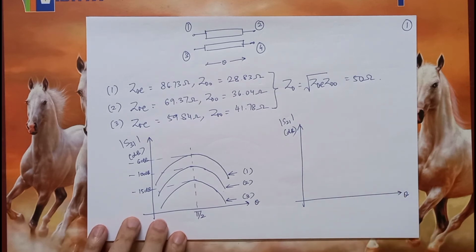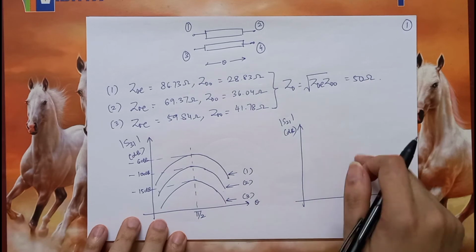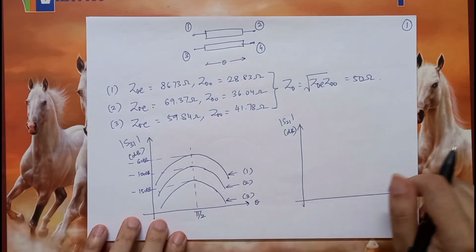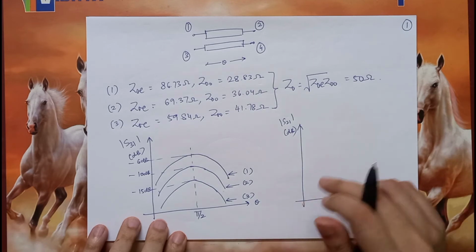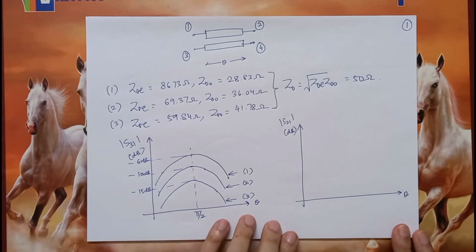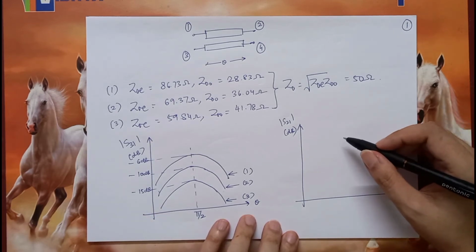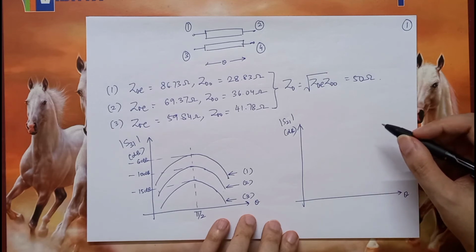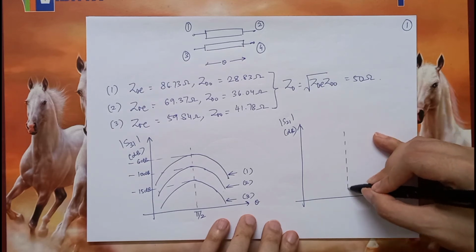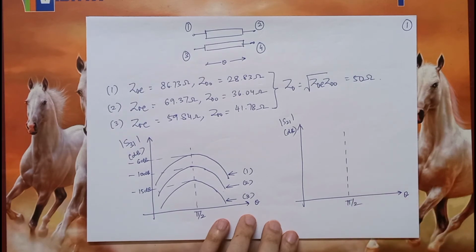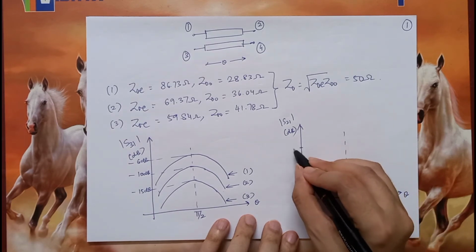Likewise, as an extension of this, we can try to plot S21 also in dB as a function of theta, because S31 and S21 we had derived both as functions of theta. Again, something very interesting we will notice. Suppose this is 0.